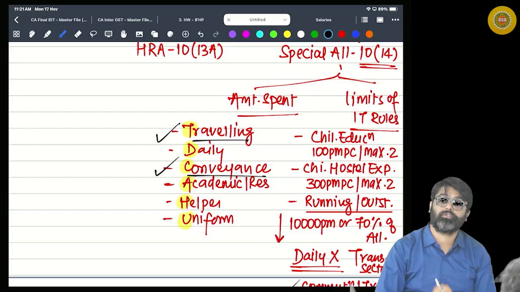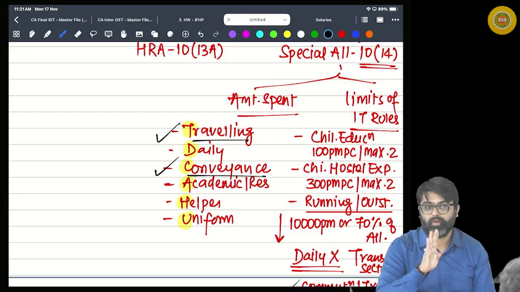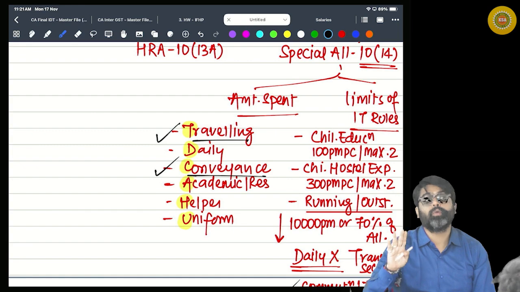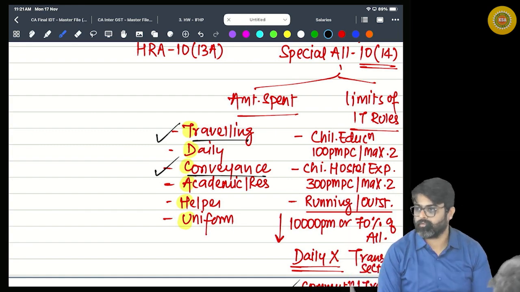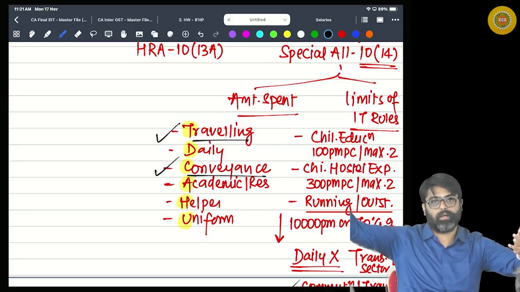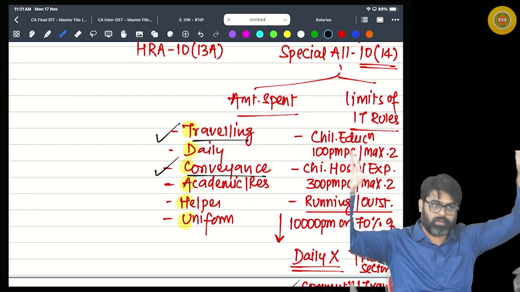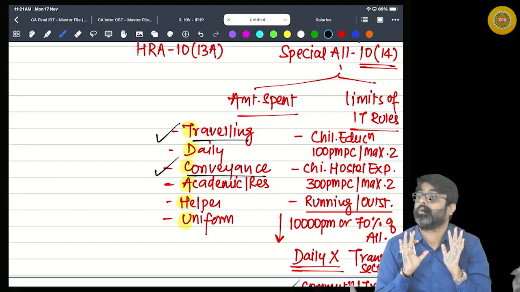What is the difference? Simple. For the purpose of your duties, you have to travel to different locations. Like from Chennai, you are going to Bangalore, to Hyderabad, to Mumbai. At different places, you will be traveling for the purpose of your duties.